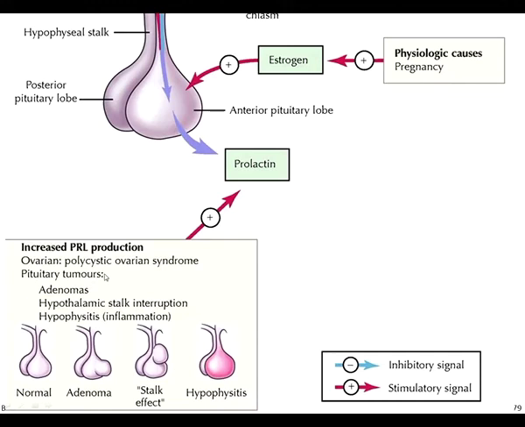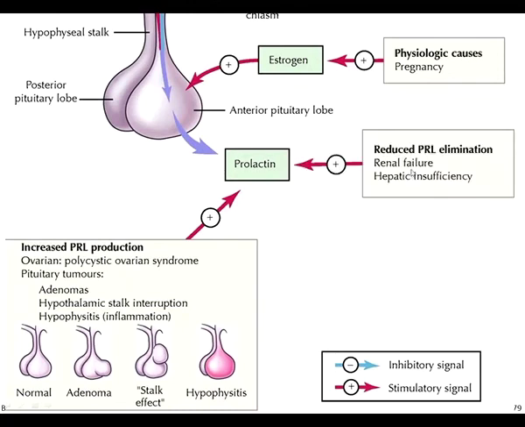So if someone has a pituitary tumor, like adenomas, or hypothalamic stalk interruption, as we said before, if you cut the hypothalamic stalk, it will increase the production of prolactin. And hypophysitis, like inflammation, all these cases, you can see in the figure, will lead in the end to an increase in the secretion of prolactin.